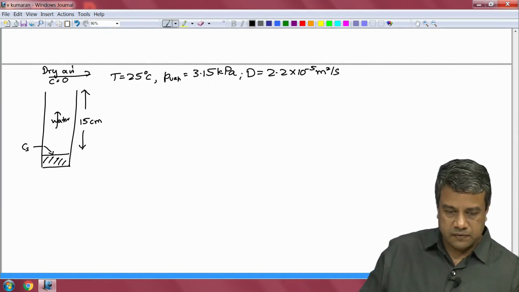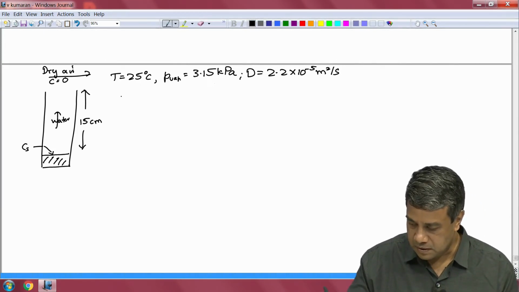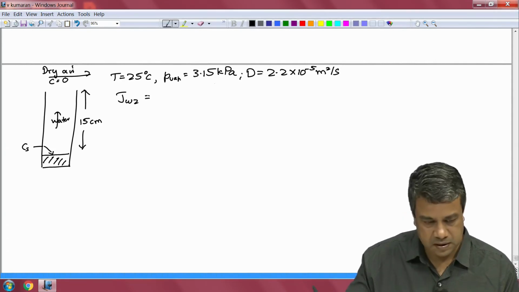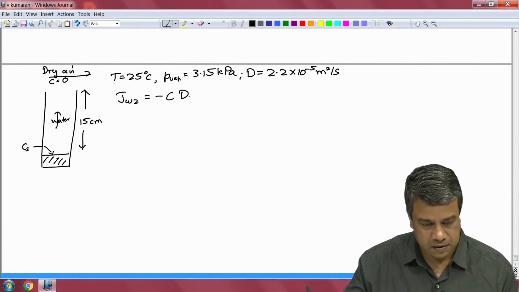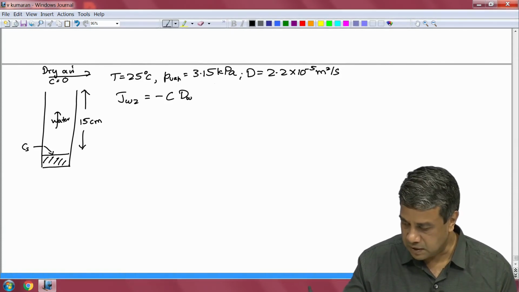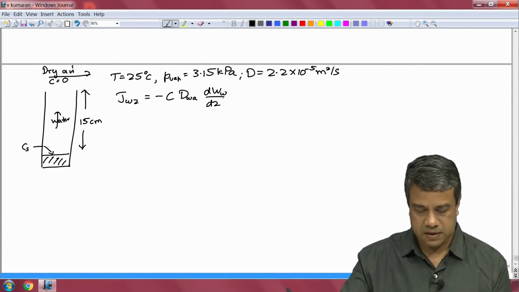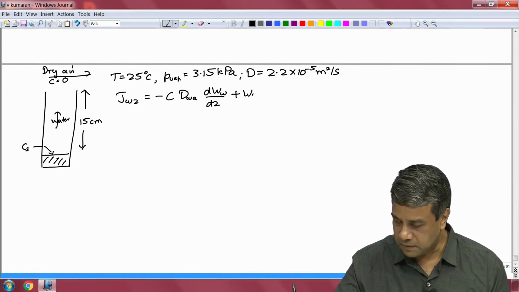So, if I write the diffusion equation for the flux J_W in the z direction, it is equal to minus C D_WA dW by dz, that is the flux, plus W times the flux of water plus the flux of air.